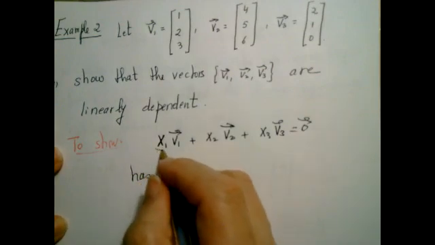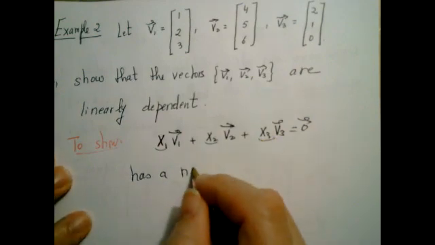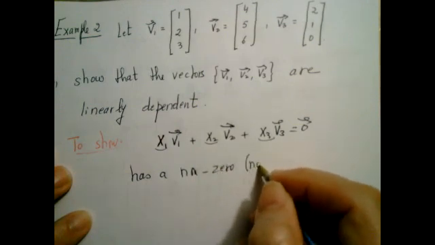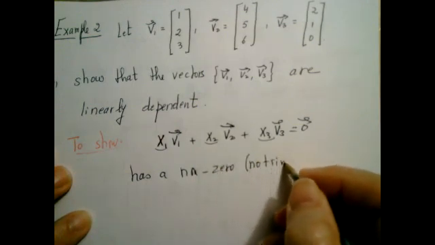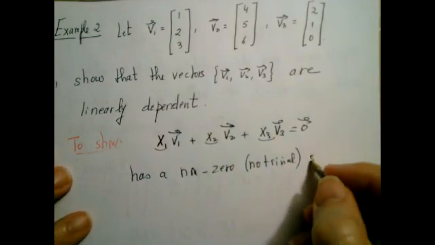It means we can find numbers, not zeros, that make this 0. A non-zero solution is also called a non-trivial solution.